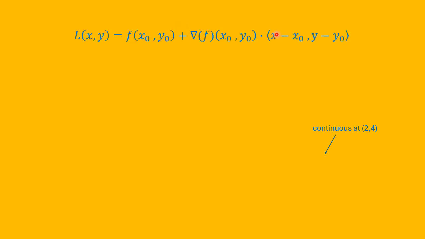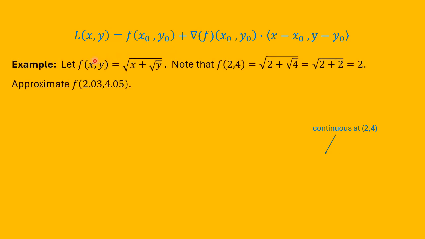So let's use this linear approximation formula in a problem. Let f of x, y be the square root of x plus the square root of y. Then if we look at f of 2, 4, that is the square root of the quantity square root of 2 plus square root of 4. That's just the square root of 2 plus 2, since the square root of 4 is 2.